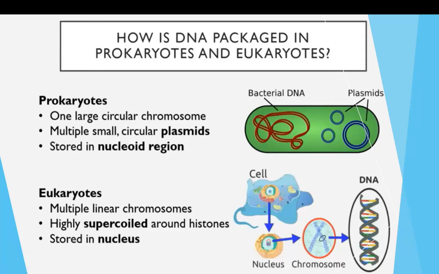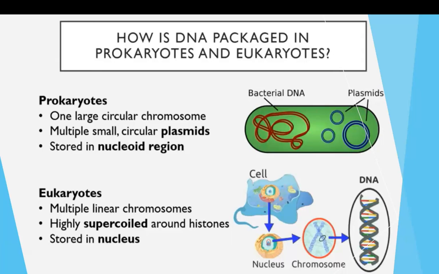They also have some smaller DNA that you know as plasmids, which are small circular DNA that can carry some important genes such as antibiotic resistance genes or genes for the production of toxins. So these genes are stored in the plasmids.